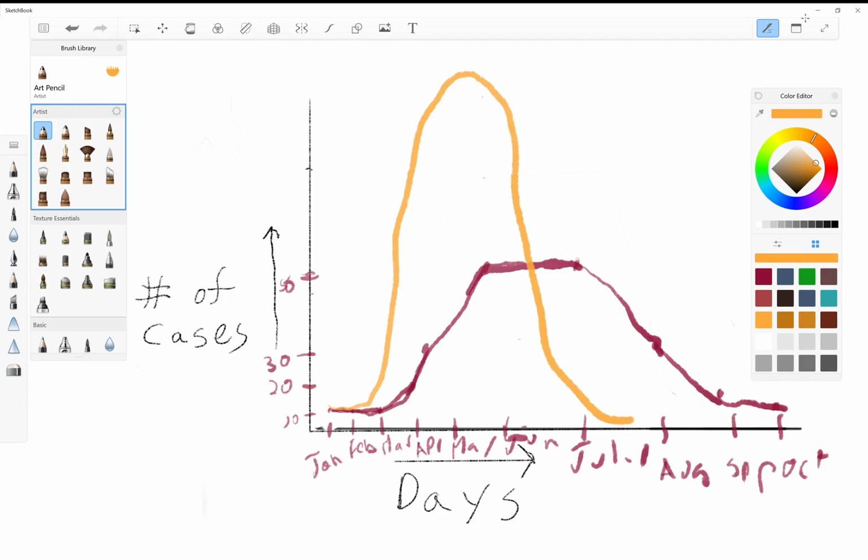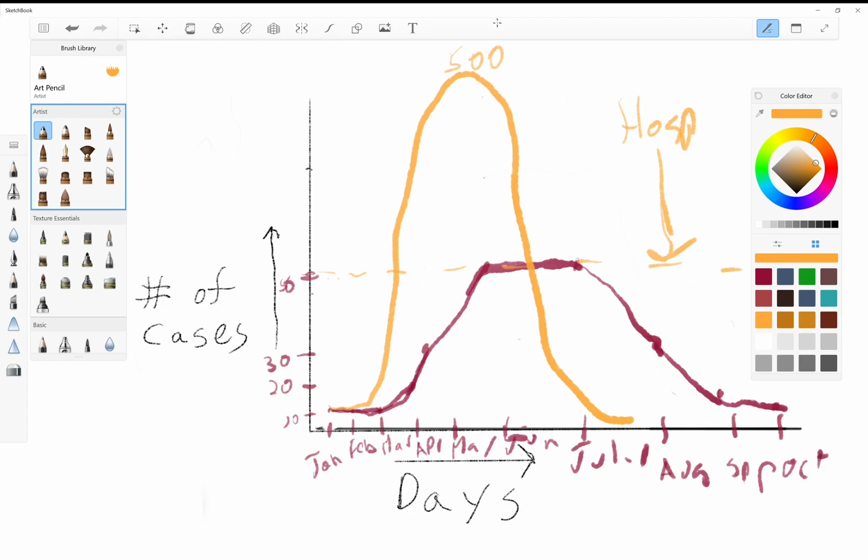Even though it's a shorter duration of time, between January and June, we see the peak up here with like 500 cases or so, okay? The problem is that our hospital infrastructure may only be able to take care of up to maybe this many people. This would be what our hospitals can handle.